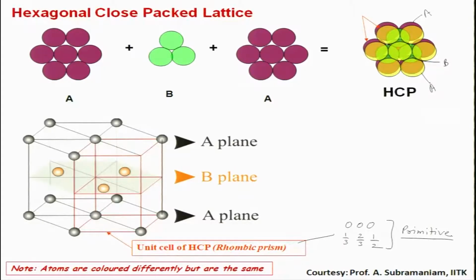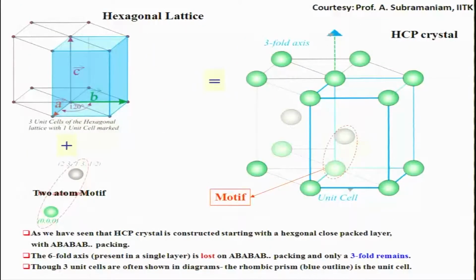Primitive lattice with motif being a combination of these two atoms. So this is basically the hexagonal unit cell, the smaller lattice, a b c axes, 120 degree between a and b, and the motif is a combination of these two, and if you rotate it, it has a threefold symmetry.